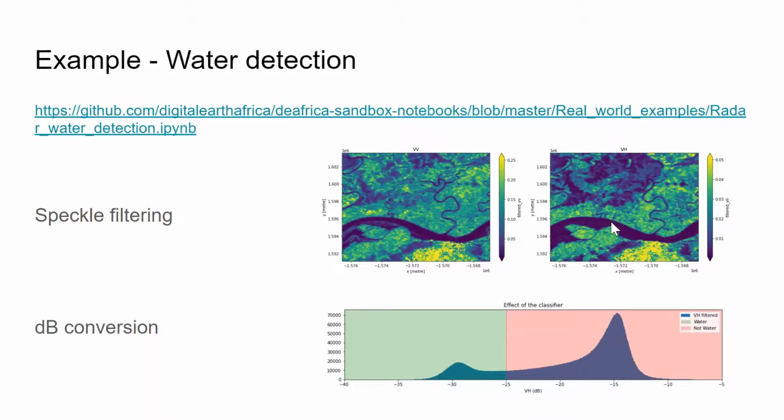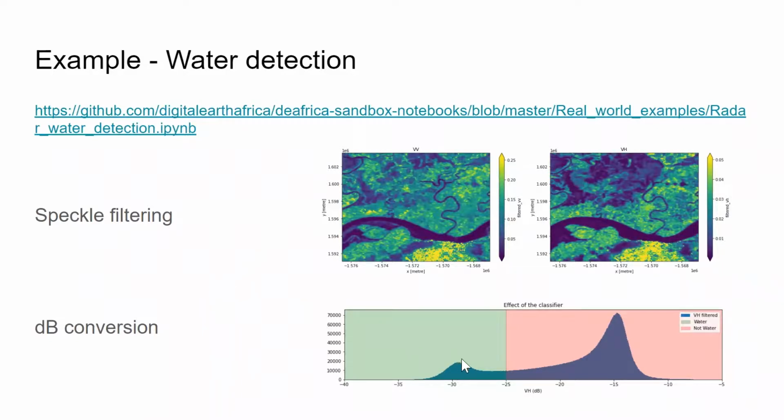These two images have already been speckle filtered. And as I said, over these areas, after you've done speckle filtering, your contrast between the low signal and the high signal has increased, so that you don't see that speckle effect as much within the water body, for example. And over the land, this noise has also been reduced. But of course, it looks a little bit smudged because of that smoothing effect.